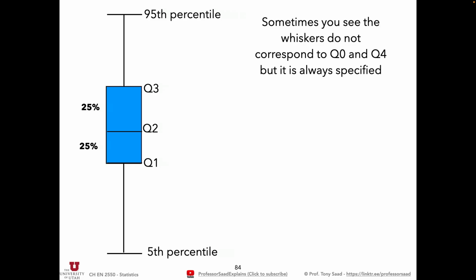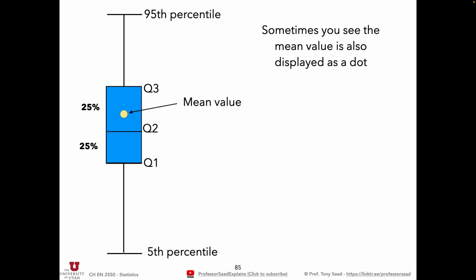And almost always, it is indicated in a legend. They will tell you, oh, the top whisker is the 95th or the 80th percentile, whatever they choose.